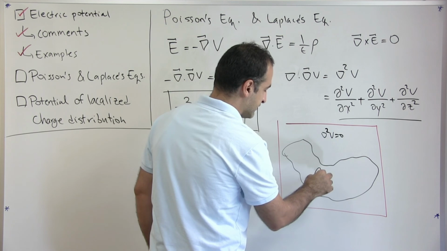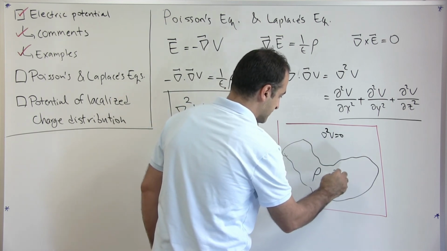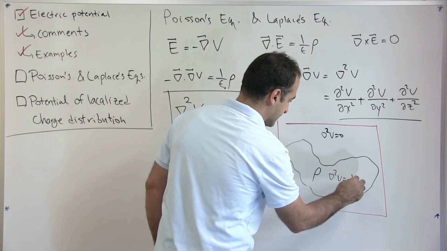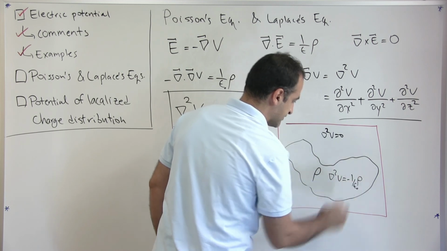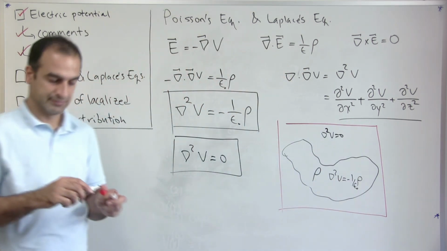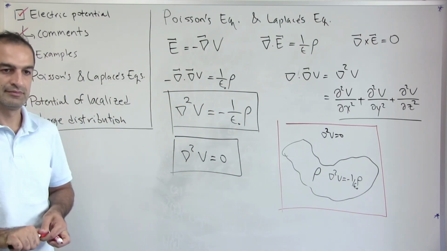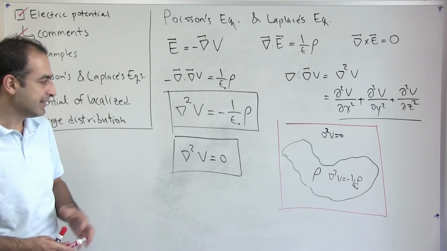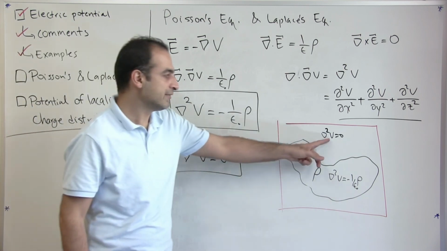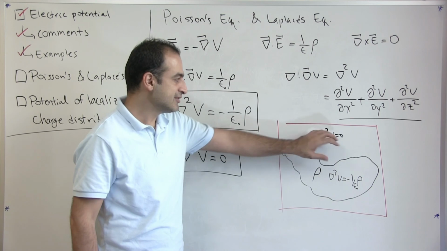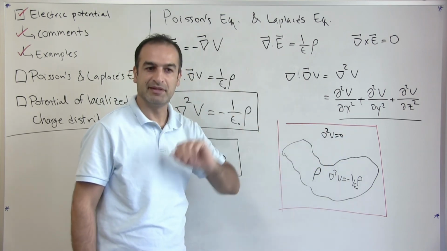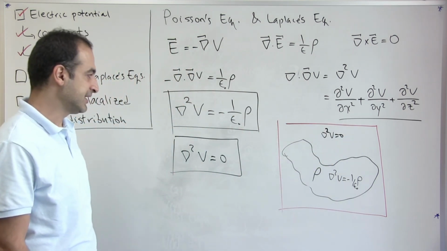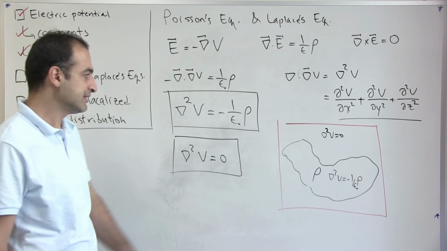Here we have charge distribution, so the Laplacian of V is negative 1 over epsilon 0 times rho. This happens more often because usually the space around this is bigger. Of course it depends on the application as well, but this is very common.